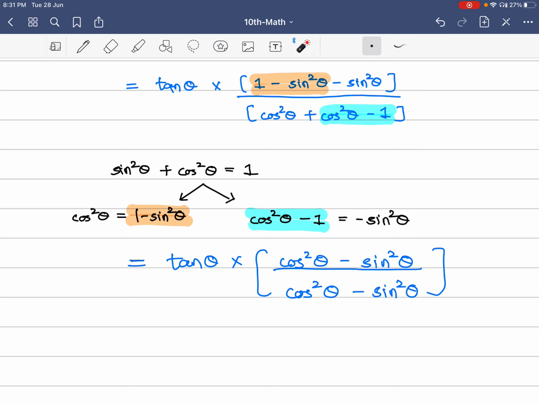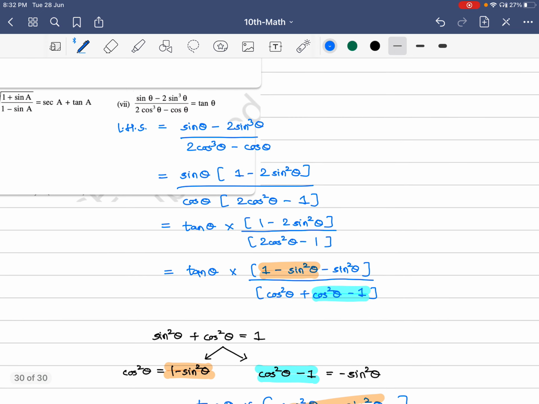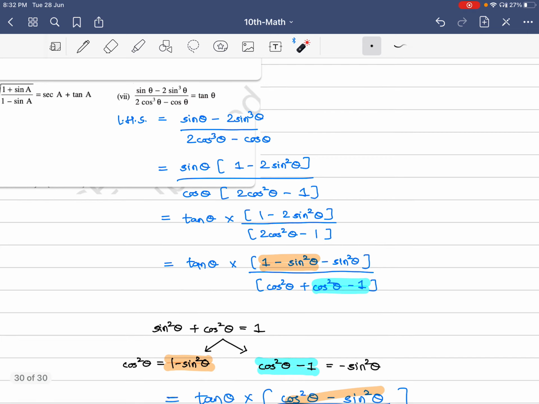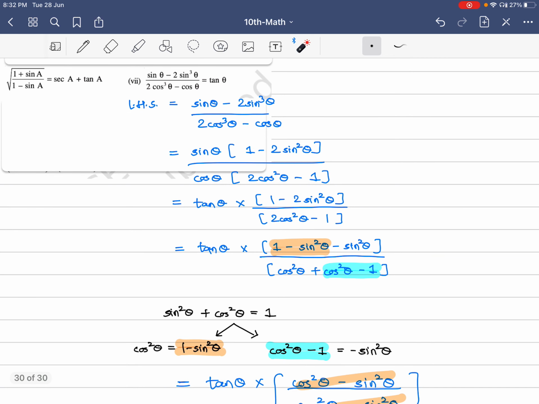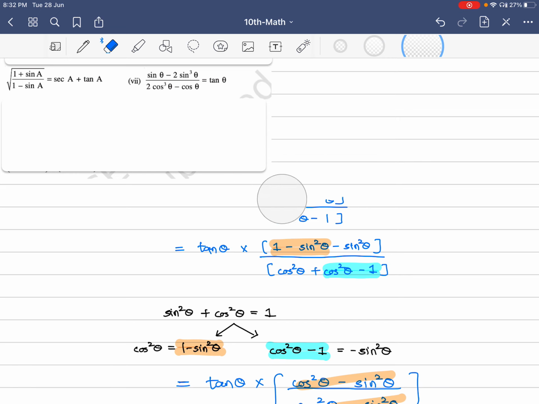And as you can clearly see, numerator is same, denominator is same, they will just cancel each other out. So that's going to be equal to 1, and thus this left hand side is now equal to tan theta, which is equal to our RHS. So we started with this LHS, what was given to us, and we got our RHS, which is tan of theta. Thus this is also done. So let's erase this.